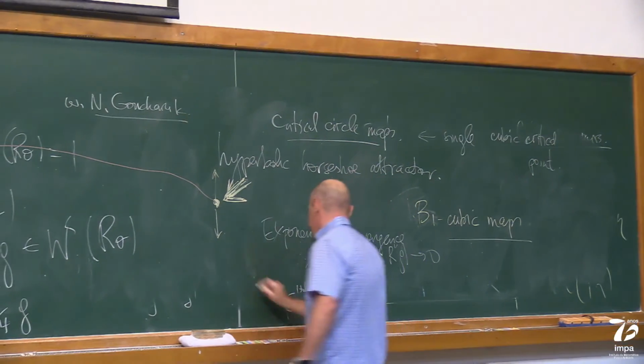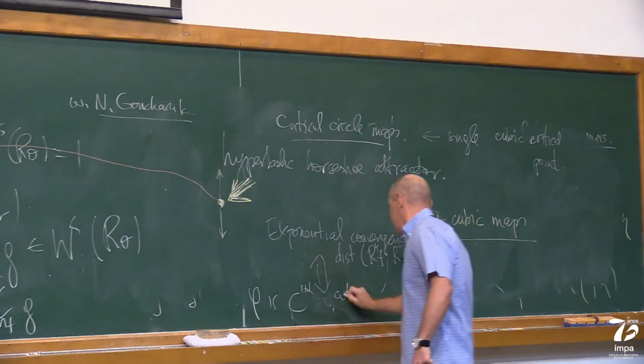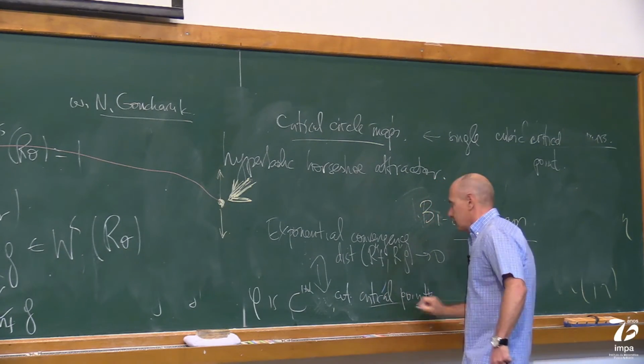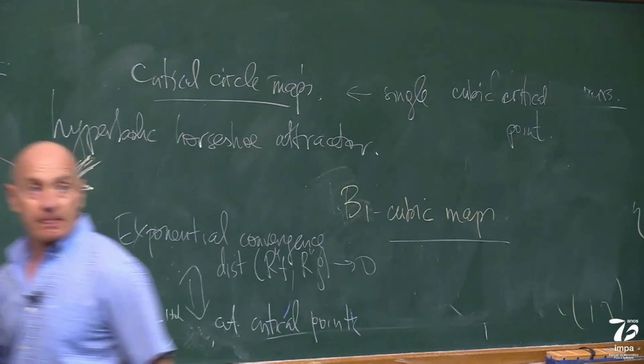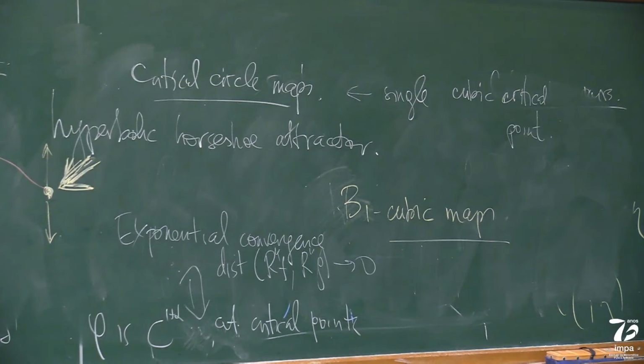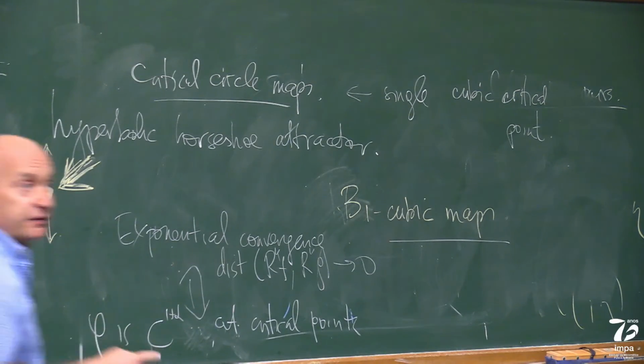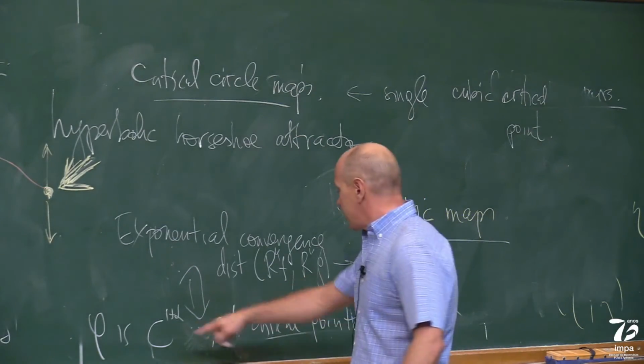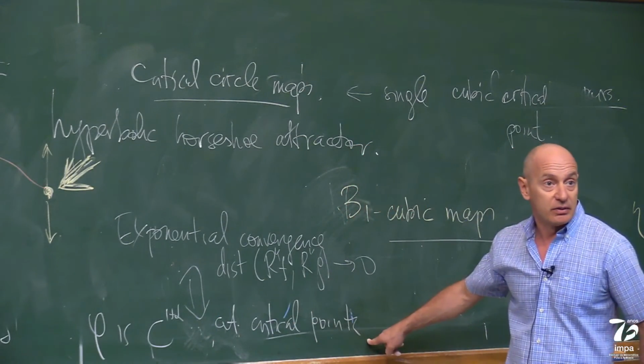So phi is C1 plus alpha at critical points. So that's what we get. This is known as C1 plus alpha rigidity. This is the best rigidity statement you could have if you have critical points for various reasons. Plus alpha just means there's an alpha Holder condition. C1 plus alpha at critical points.